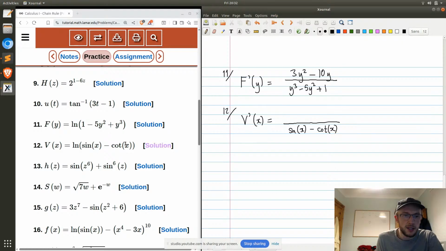And as for our numerator, d by dx of sine x is cos x. d by dx of cot x is minus cosec squared x, I think. Yes, I think that's right. So it'll be plus.